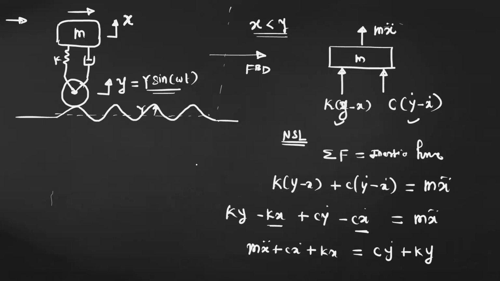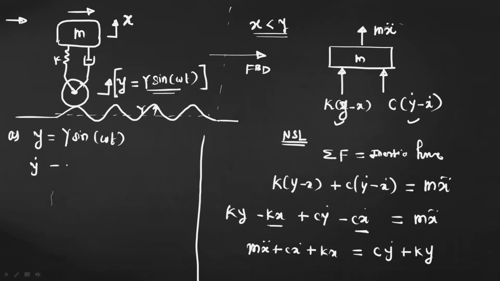Okay. Now as we have assumed the wheel displacement as a sine function having the value capital Y sine omega t, so y is equal to capital Y sine omega t. So y dot is equal to Y omega cos omega t. Okay. So put these values of y dot and y in this equation.